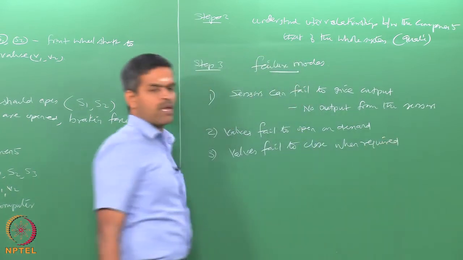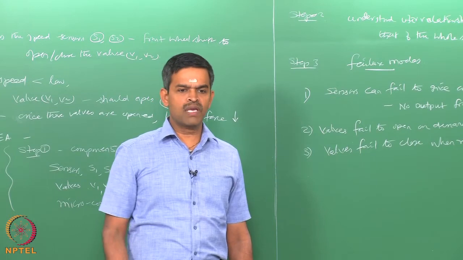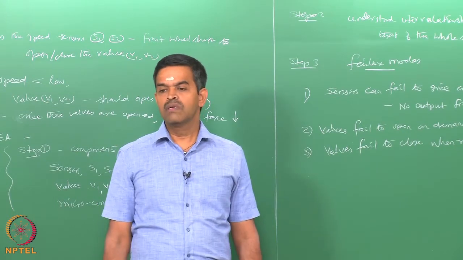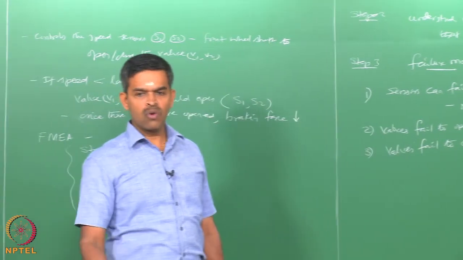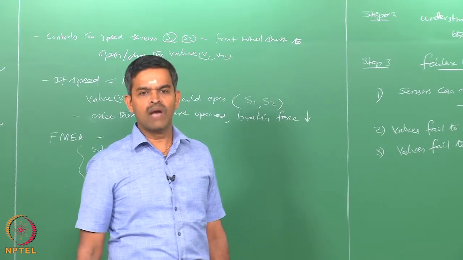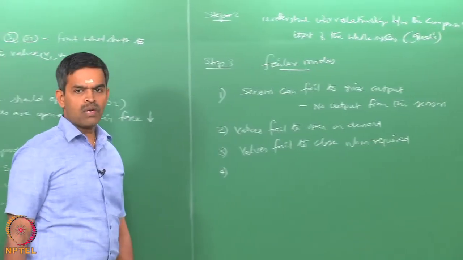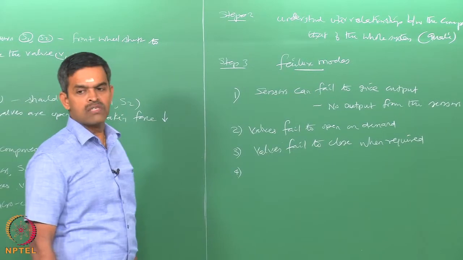As long as the valves remain open, the braking force will be reduced, and therefore there is no effective braking in the whole passenger car. So, the valve should close once the braking force has been released up to a required value. The other failure mode can be microcomputer and associated electronics fail.